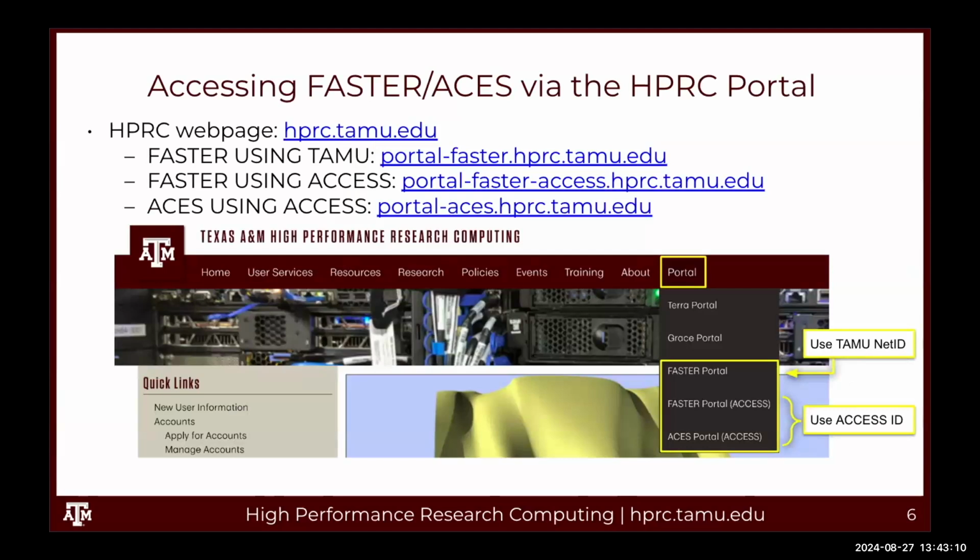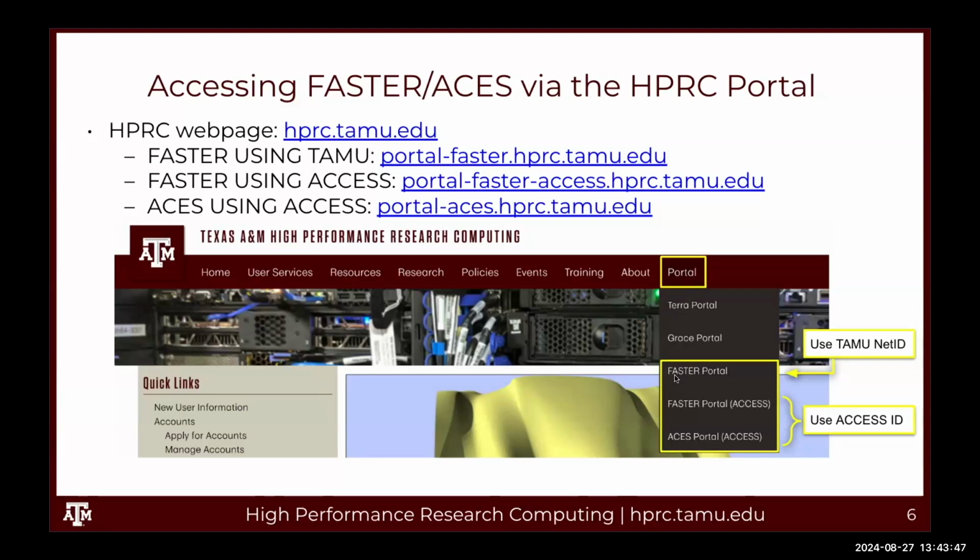Now, coming to the portal, our HPRC webpage looks like this. You can just do a Google search of HPRC TAMU, and the first link you will get is probably of our website. You can visit that link, or you can visit our webpage through this slide. On the web page, you will see a navigation bar with the option of portal. If you click on the portal, you will see access to the different sets of clusters that we have.